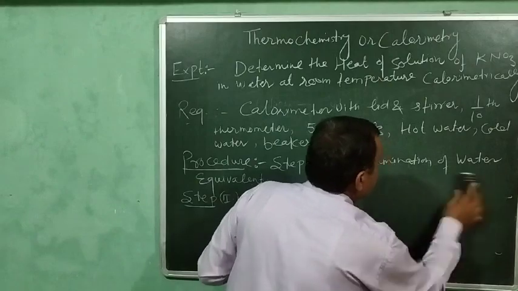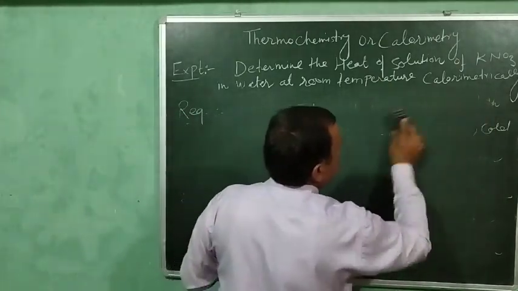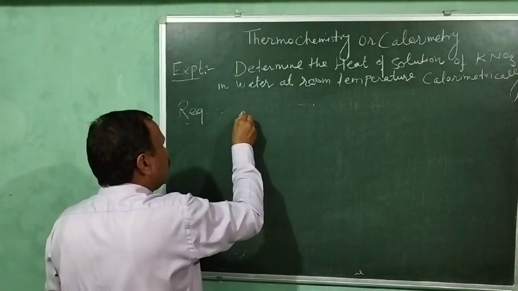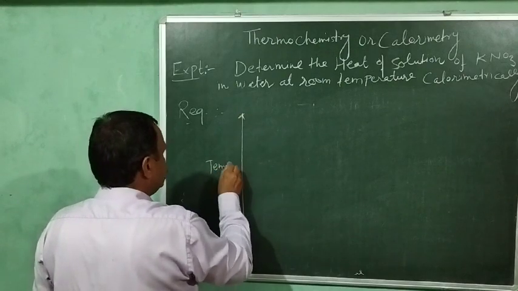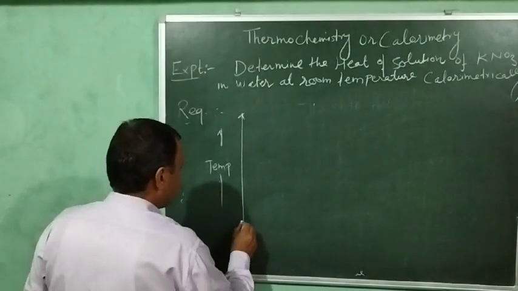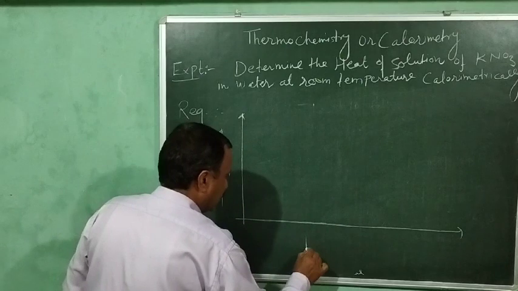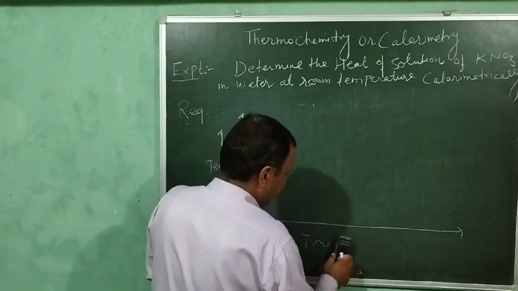So how do we plot a graph? So in this graph we will be having temperature along y-axis and time along x-axis.